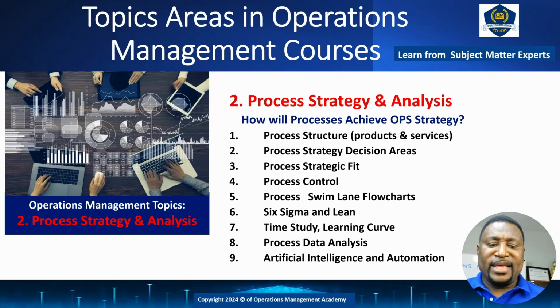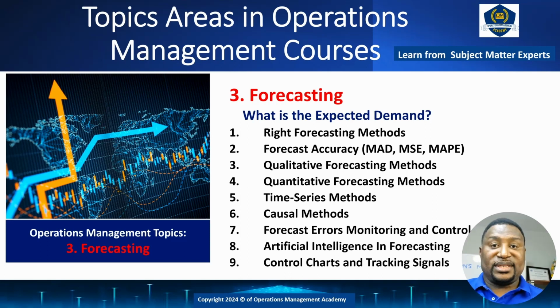So the next topic here is number 3, which is you're going to have to learn forecasting. So it could be chapter 3 or it could be chapter 8, 9, 10, whatever, but you will have to cover it. The question here is what is the expected demand? Before you even start building the products, you need to know what the demand is, right?